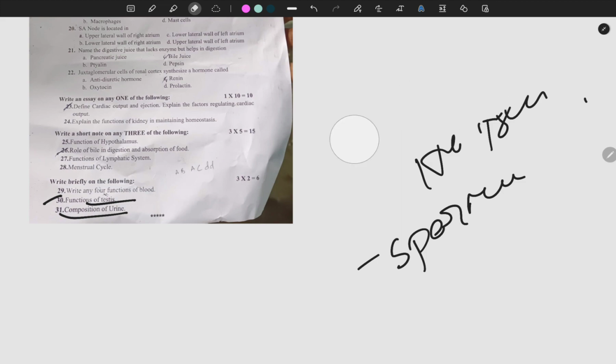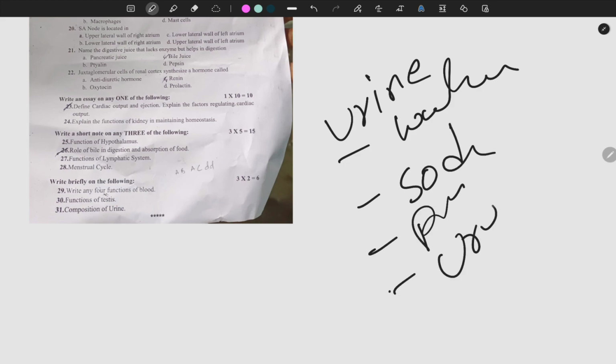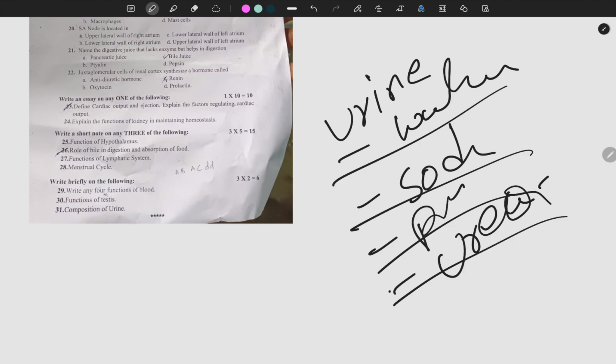And finally, the composition of urine. What is the composition of urine? Normally in urine we have water, 90% water, and some sodium, potassium, and mainly urea. Urea is a waste product of protein. These are the components present in normal urine.